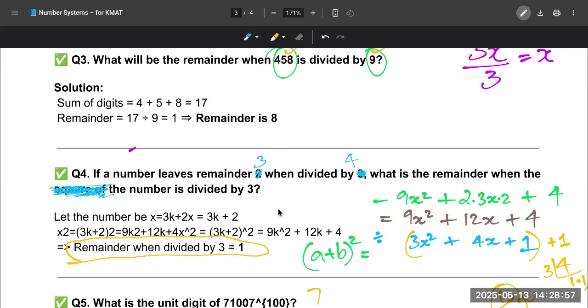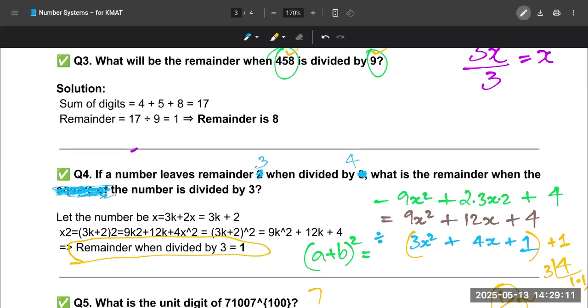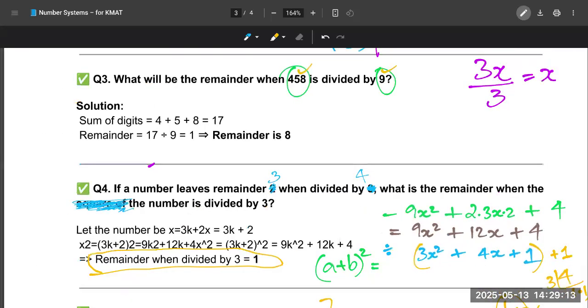What is the remainder when the number is divided by 3? Oh, wait, that doesn't make sense. That question will not be asked because the answer is not fixed.